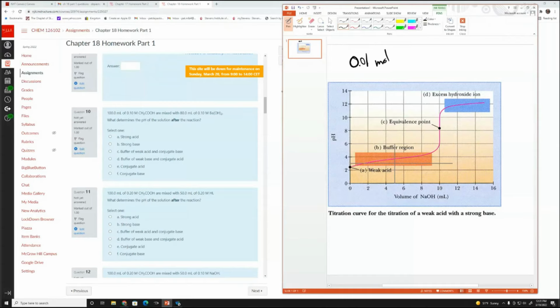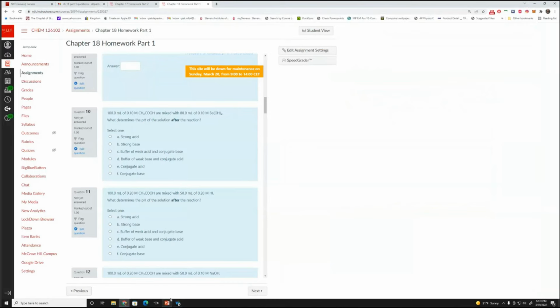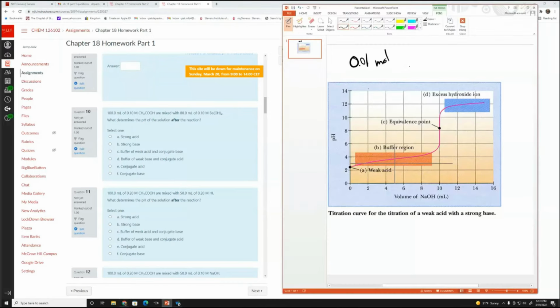Now, for the barium hydroxide, we have 0.08 liters times 0.1 molar. Now, that needs to be multiplied by 2 because we have 2 hydroxides for every barium hydroxide. So that would be 0.008 times 2, which is 0.016 moles. So that would give us the moles of OH, which is important for determining the pH.